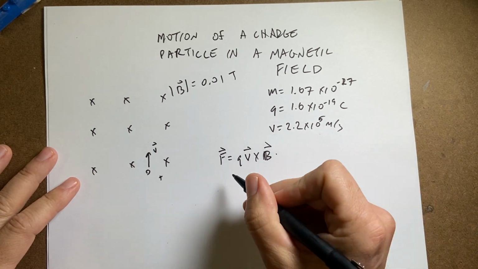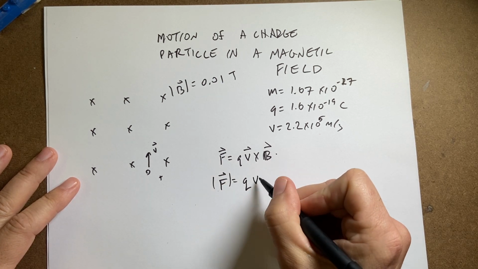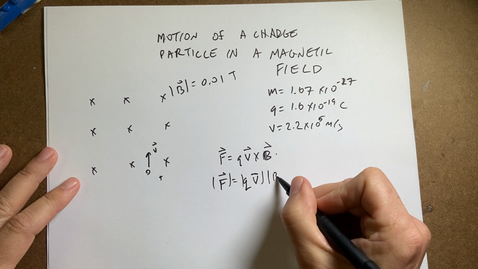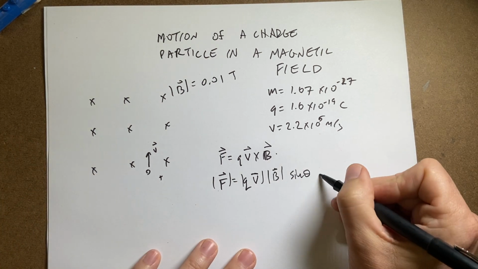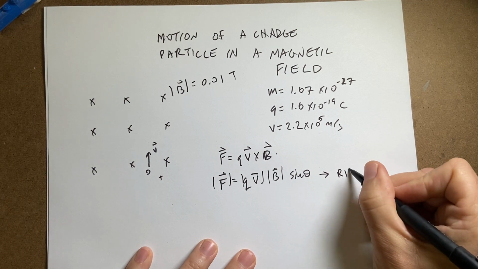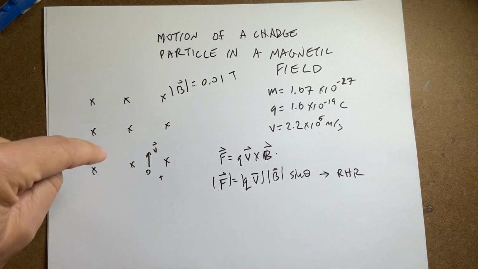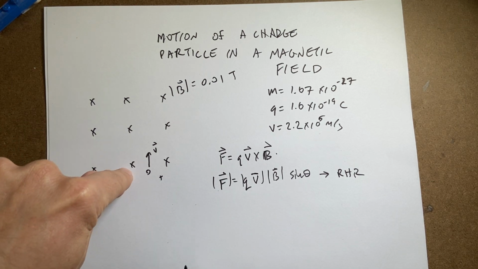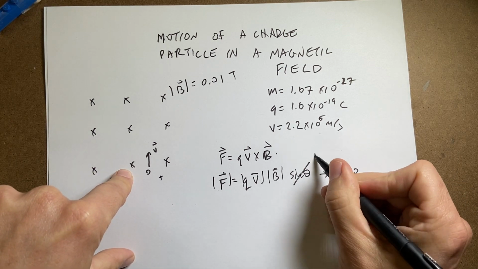We can find the magnitude of this as q v times the magnitude of B times the sine of the angle between them. And the direction will be with the right-hand rule. In this case, my magnetic field is straight down, my velocity is straight up, the angle between those is 90 degrees, the sine of 90 is 1.